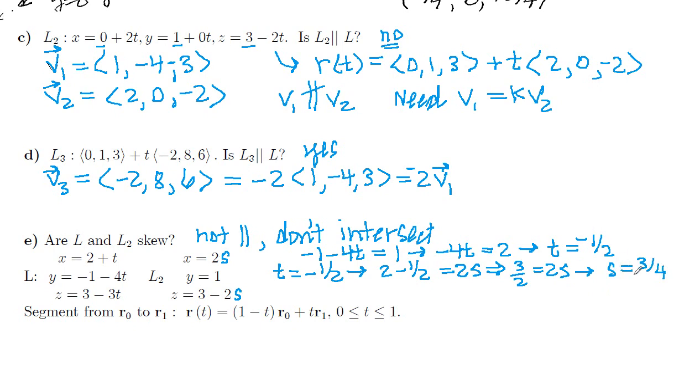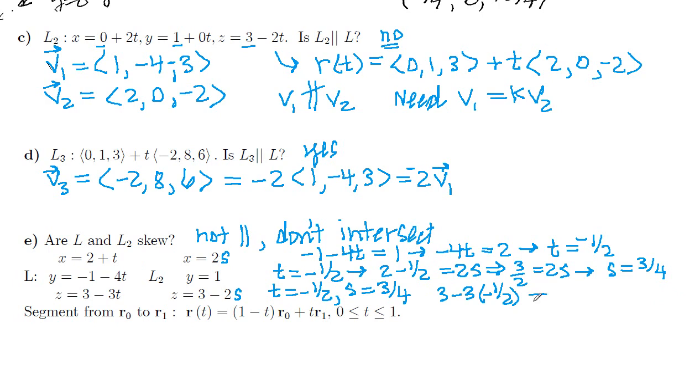So now we've got values for s and t. If these two times are going to work, they have to work in the z coordinates too. So let's take t is -1/2 and s is 3/4 and plug them in and see if the z coordinates are equal. The z coordinate here, 3 minus 3t, so 3 minus 3 times -1/2.